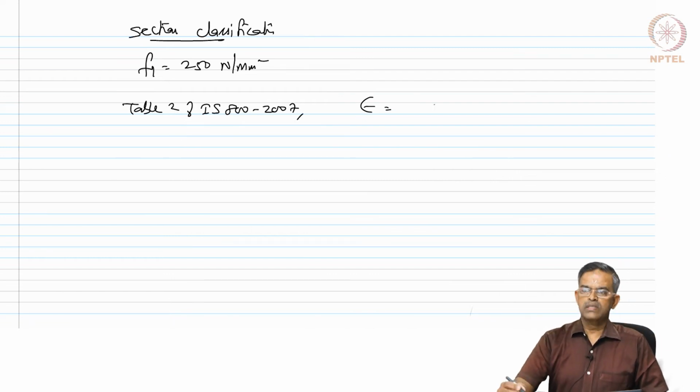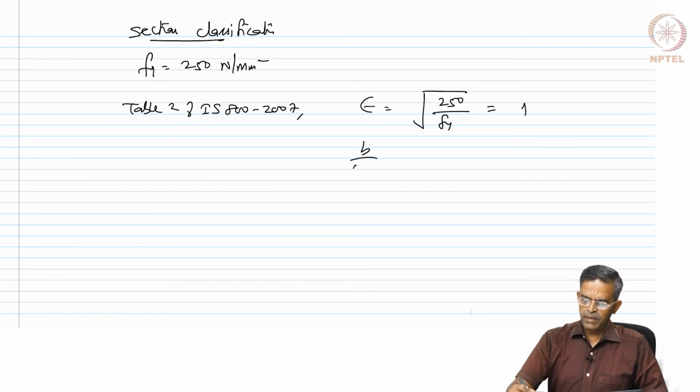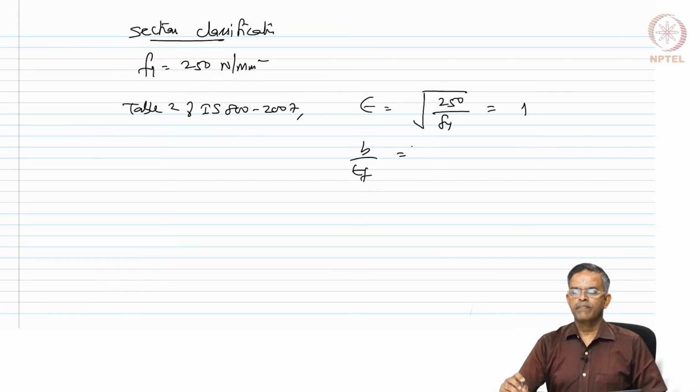So, epsilon is given by square root of 250 by Fy, which is equal to 1, and b by Tf in our case is going to be overhang.